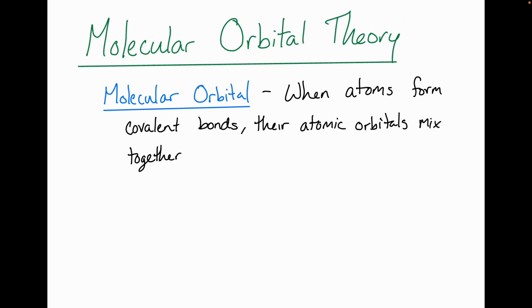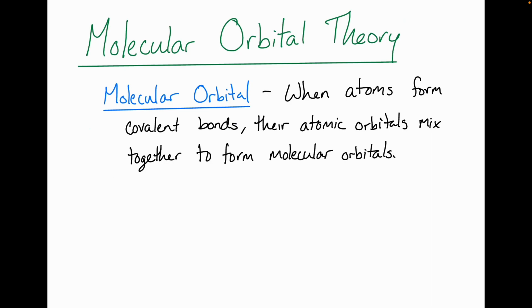And this will create new orbitals we call molecular orbitals. Okay, so what is a molecular orbital? Again, if two atoms are forming a bond with one another, they'll take that shared pair of electrons, right? They're going to take those electrons that are currently living in atomic orbitals, they're going to mix those atomic orbitals together to form new molecular orbitals, and that's where that bonding pair of electrons live.